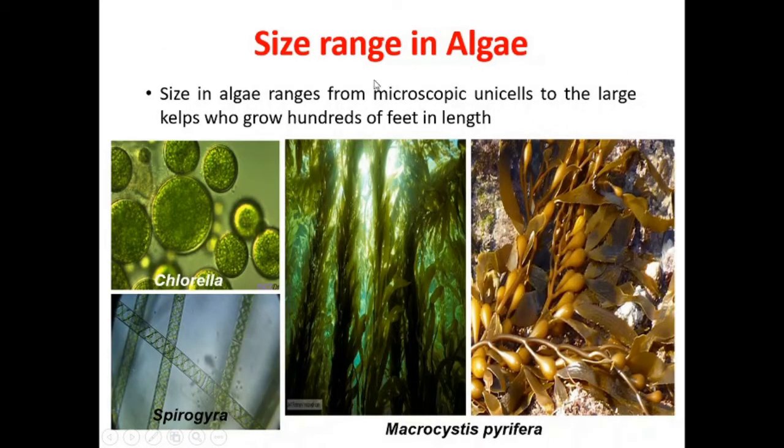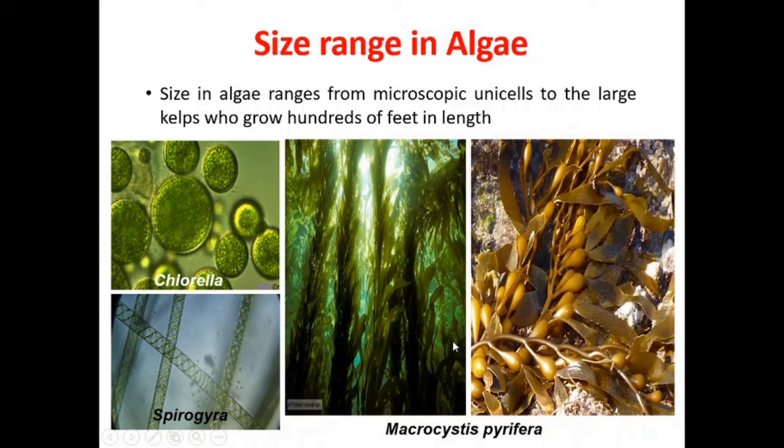Now let us have a glimpse over the size range in algae. The size in algae ranges from microscopic unicells to the large kelps which grow hundreds of feet in length. Here you can see the microscopic cells of the algae Chlorella. Similarly, in Spirogyra, the filaments are like silk fibers, a few microns in width.